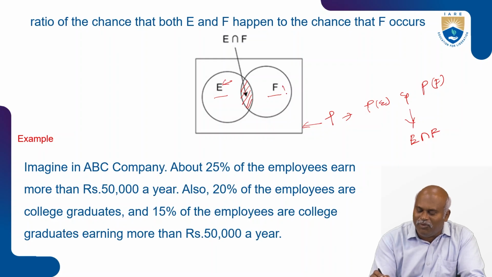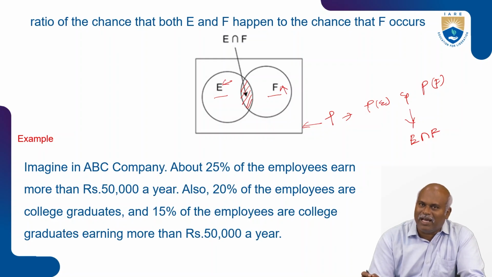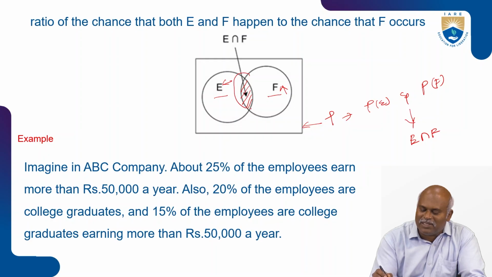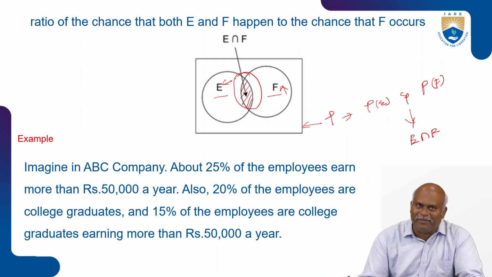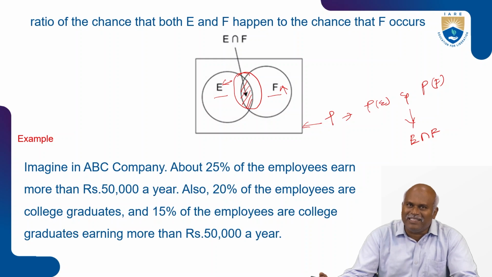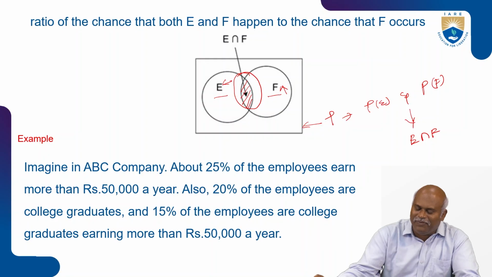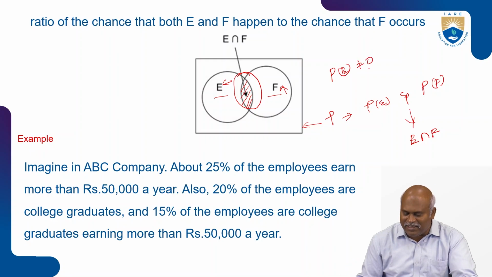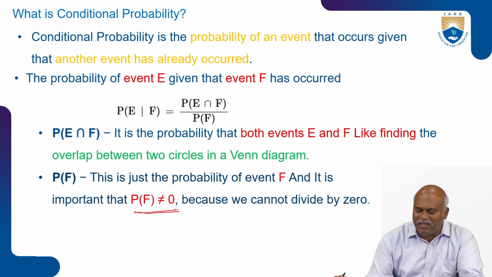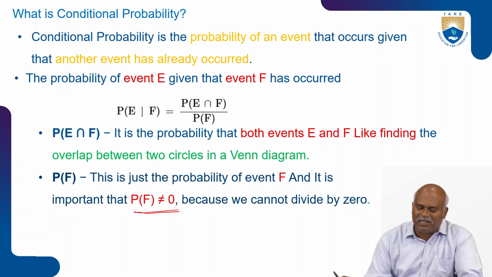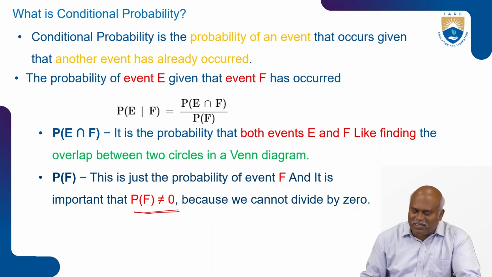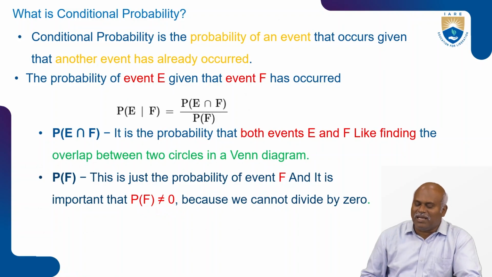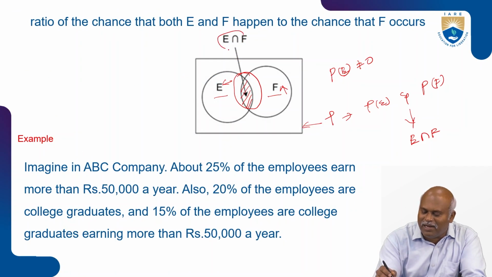It is the ratio of the chance that both E and F happen, given that F occurs. In this case P(E) or P(F) is not 0. So this is the overlap between the two circles in the diagram.